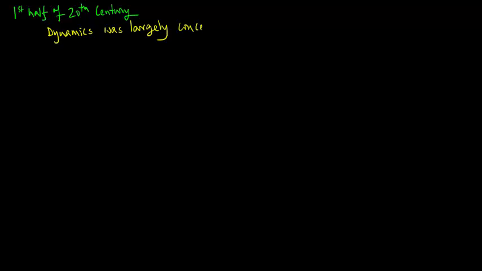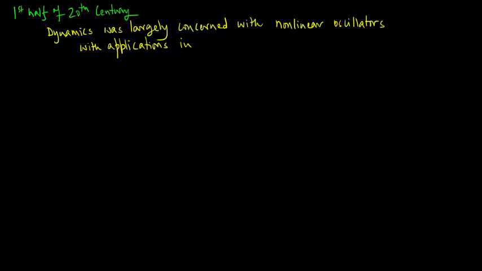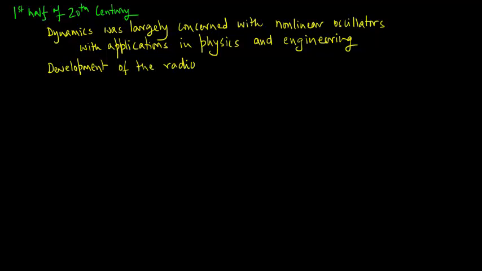Now let's move on to the first half of the 20th century. Dynamics was largely concerned with nonlinear oscillators with applications in physics and in engineering. Now this led to the development of the radio, radar, phase-locked loops and lasers.